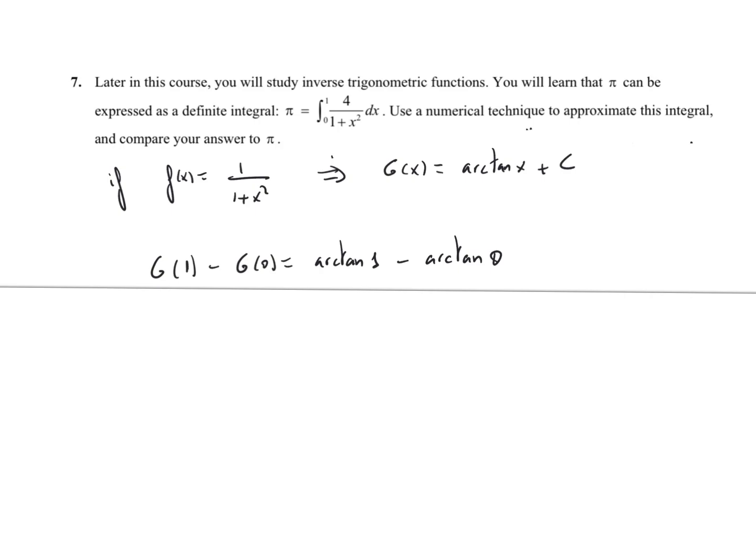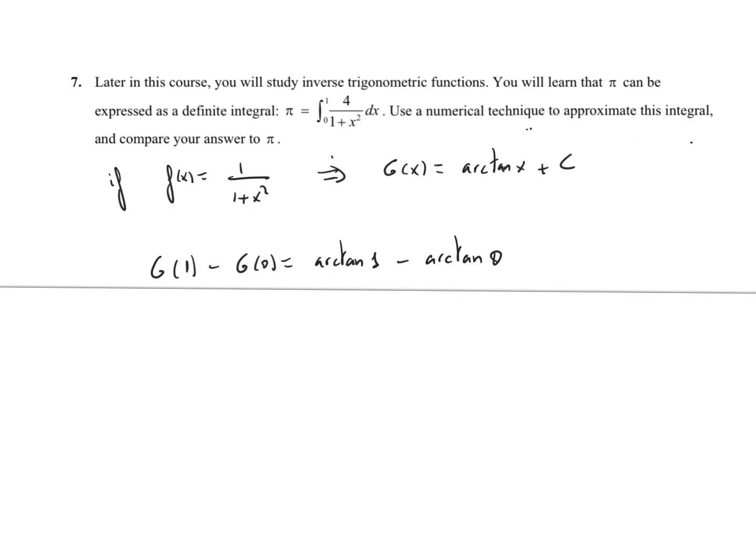When the function is f of x equals 1 divided by 1 plus x squared, what is the antiderivative of the function? The antiderivative of the function is arctangent. Arctangent of x is the function whose derivative is 1 divided by 1 plus x squared.